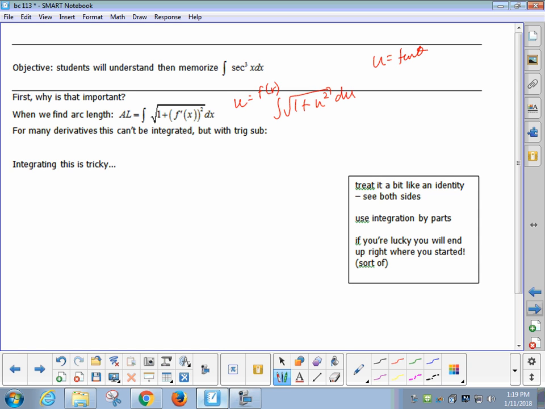Tangent. What's du? Secant squared. Okay, so you can see then that you would get something like 1 plus tangent squared in the root, secant squared. And so you'll get secant cubed anytime you do an arc length problem. It's not super duper clean and manufactured. Okay? So secant cubed is a big idea, although it seems like it's kind of arbitrary. It comes out as a big idea.